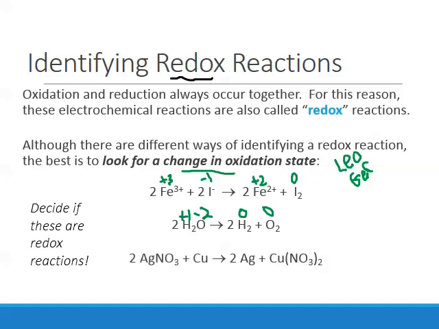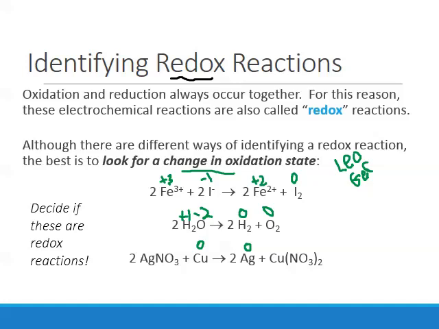Third example. Whenever I see an element, like we've seen in the first two reactions, my eye immediately goes to the element. If there's an element in the reaction, like copper, 0, or silver, 0, then this reaction must be redox, because an element's oxidation state is 0.